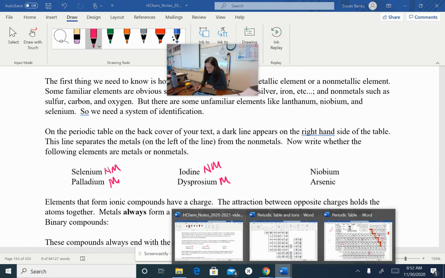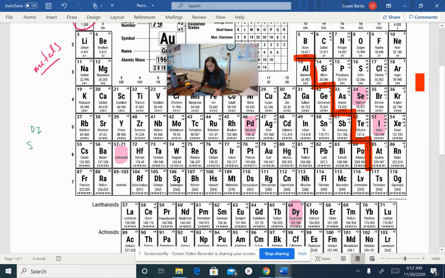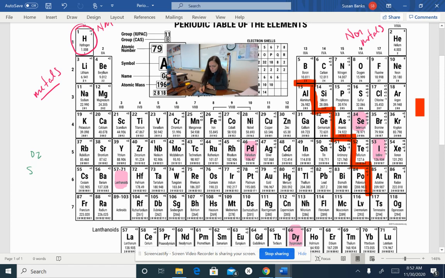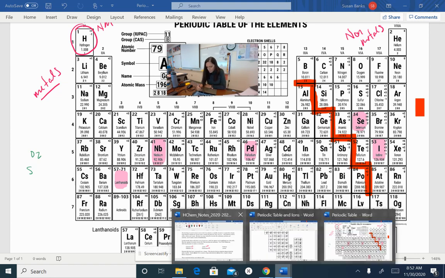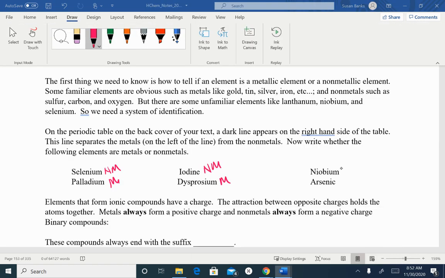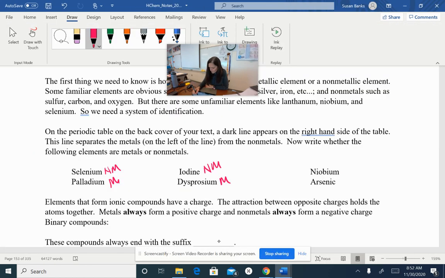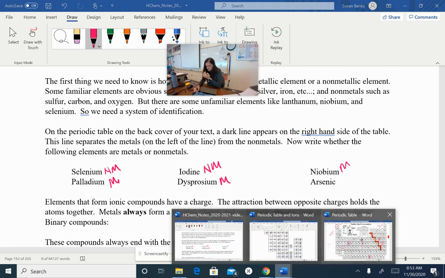Niobium. Now, if you're into really good magnets, you know that niobium is where they make the super magnets from. So it is a metal. So niobium is a metal. And then last but not least, let's look at arsenic.